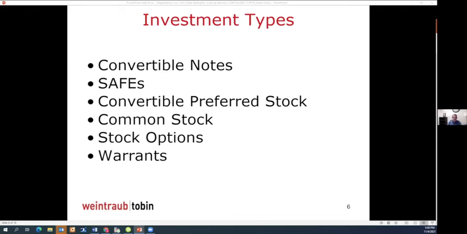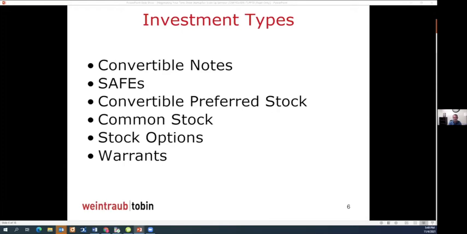Stock options and warrants, from my perspective, are sort of the same legal concept, but the way those terms are used in this environment is generally that stock options are considered available as a pool of shares for employees, maybe vendors that you're working with.